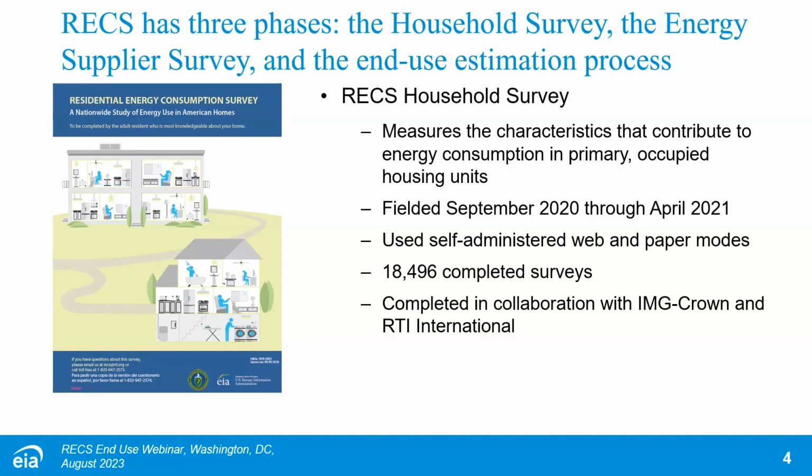The larger sample size has enabled us to publish data and estimates for all 50 states and DC for the first time in program history. I'd like to acknowledge our contractors, IMG Crown and RTI, for their contribution to a successful RECs household survey data collection.